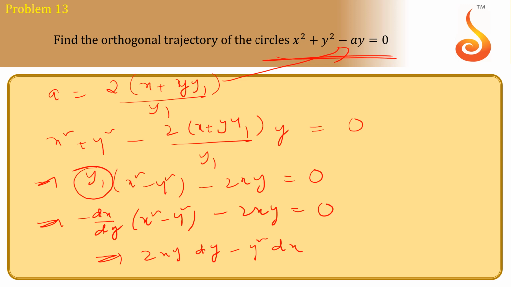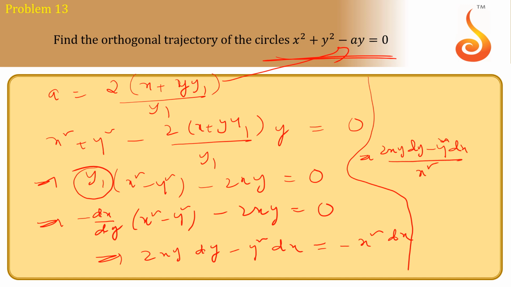So I took minus common, no? So what are you getting? Minus x square dx you are getting. So if you divide this equation with x square, 2xy dy minus y square dx by x square equal to minus dx we got.